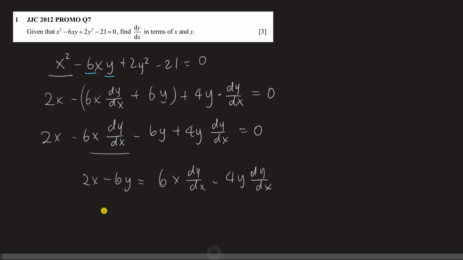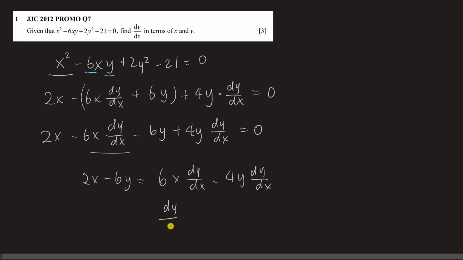Factorize out the dy/dx. Whatever you have, we just put it underneath here, 6x minus 4y. We can simplify this further. This will be 1, 3, 3, and 2. That's it for the first question.